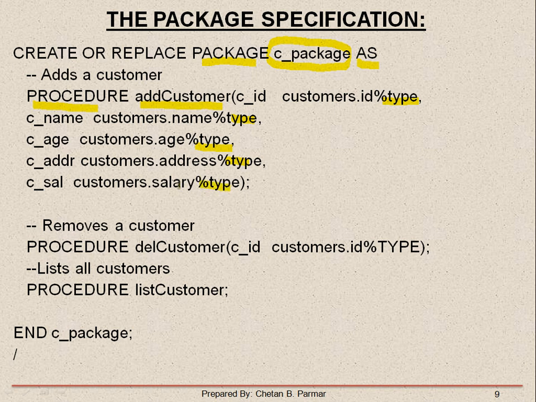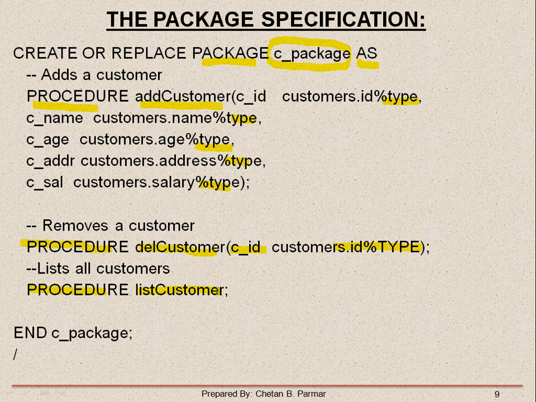Now the second procedure for removing a customer is delete_customer, and here I am deleting by customer ID, so I am passing one argument, customer ID, again created by %type. And the third procedure is for display, list_customer, which will display the whole table information.